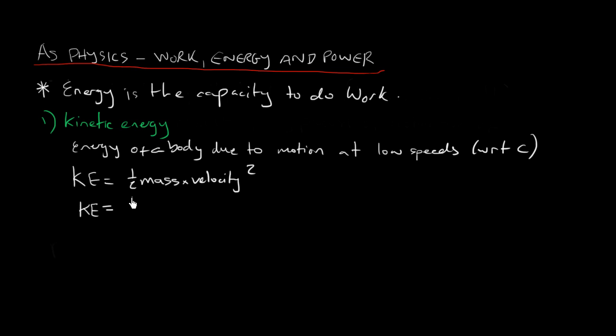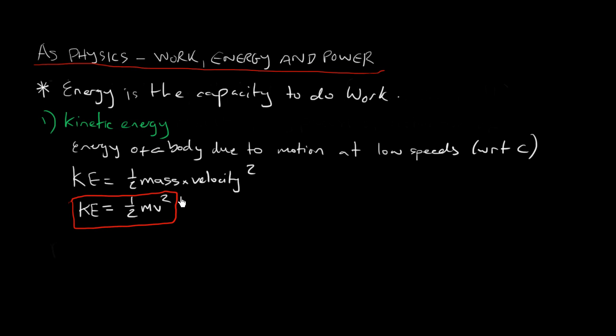Another way of saying this would be 1/2 mv squared, and not mv squared. That's different. That would be m squared v squared, and that's not the formula. The squared only refers to the v. So we can frame this in a nice color and try to remember this because it's very important.